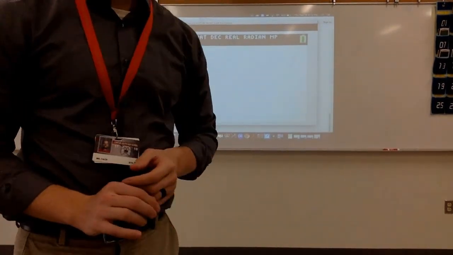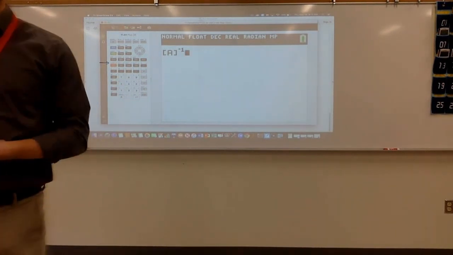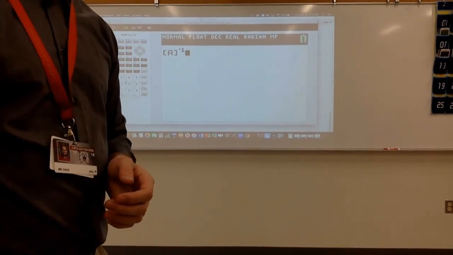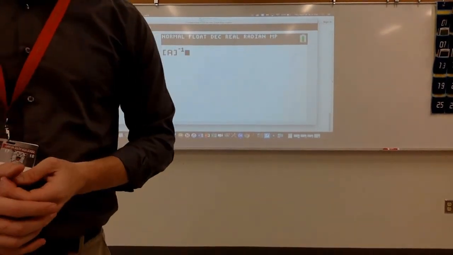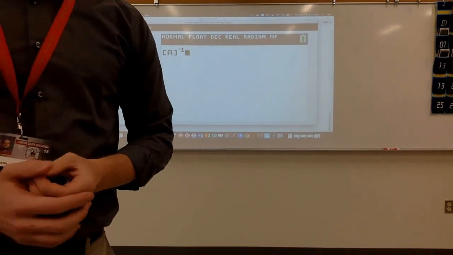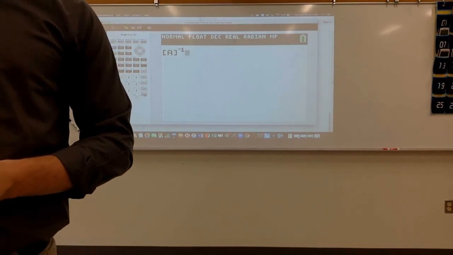I'm just not going to hit second this time. So we should have something that looks like this. If you just hit enter on it, it should bring it up on the home screen.